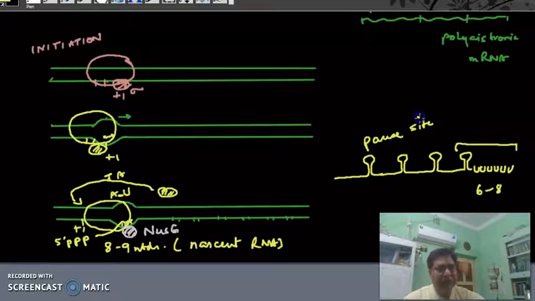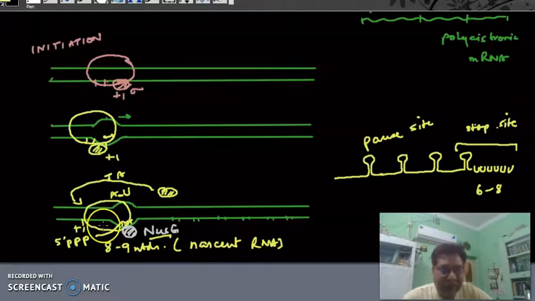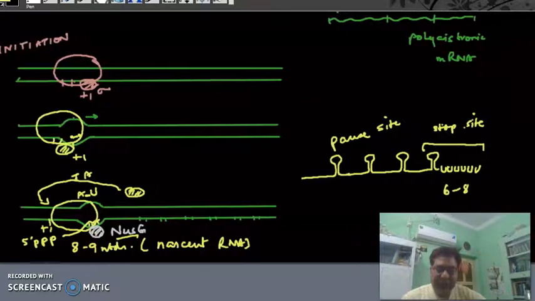So how will a system distinguish between these two? This is NusG, which helps to read over these pause sites and to recognize the actual stop site, and at the stop site the transcription is terminated. So this is how NusG helps, and it increases the processivity of the RNA polymerase. Then elongation goes on until the termination site is reached.